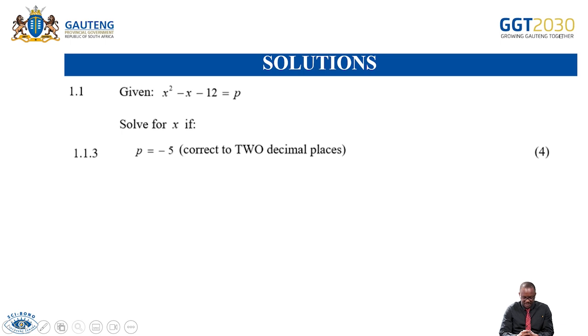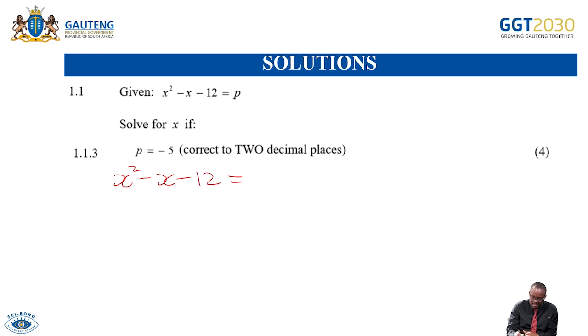So now we move forward to 1.1.3. In 1.1.3, they are saying our p is -5. So what is it that we need to do here? We need to now write our equation, x squared minus x minus 12 is equal to, now p is -5. We substitute -5 there. Then now we can't solve this equation when it's not equated to 0. Remember, all the time the equation needs to be equated to 0.